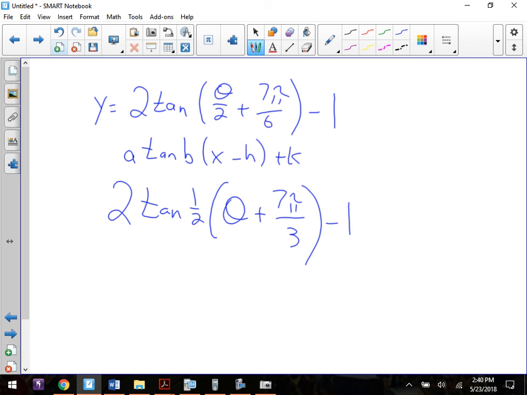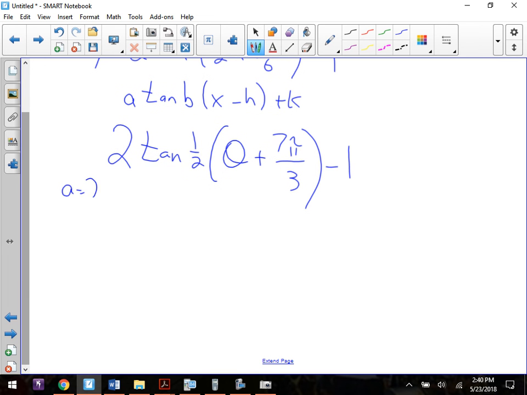Excuse me, it'll be negative 7 pi over 3. So as you go through, write down your A is 2, your B value is 1/2. Your period then is pi over B, so it's 2 pi. Your h is negative 7 pi over 3, and your k value is negative 1.